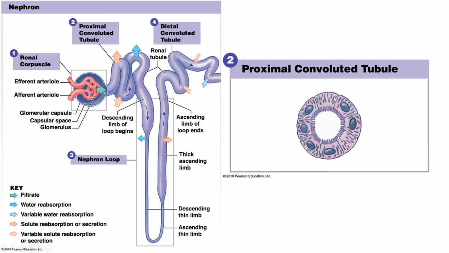And of course, these microvilli projections are going to face into the tubule lumen to form a brush border, which will increase surface area for this region. And if you look here at this chart, you'll see these orange arrows, which are going to be associated with reabsorption or secretion. So that lets you know that this increased surface area is going to be important for maximum reabsorption.